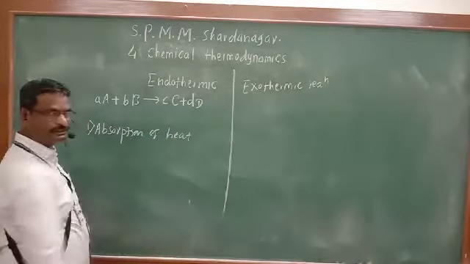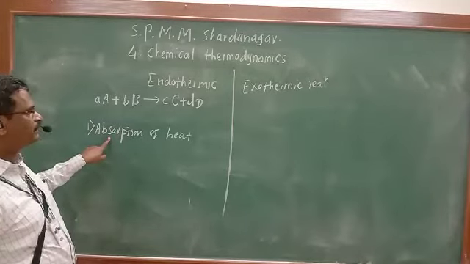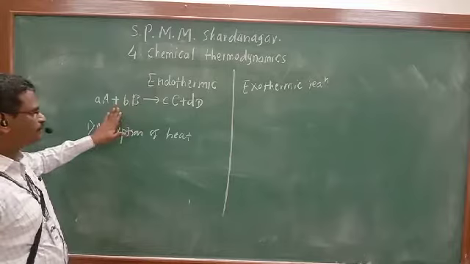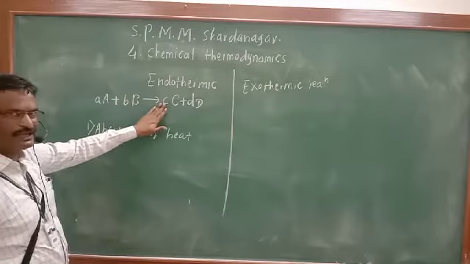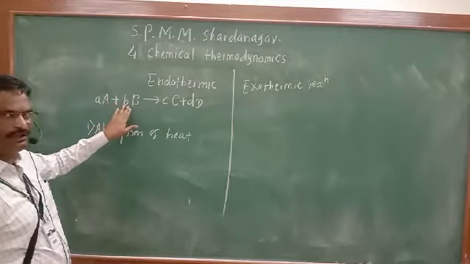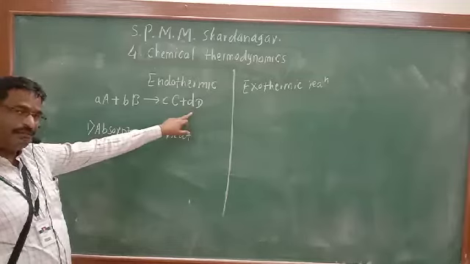So suppose this is the endothermic reaction in which a moles of A react with b moles of B to give c moles of C and d moles of D.